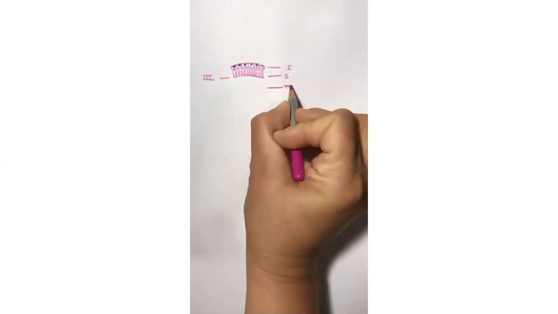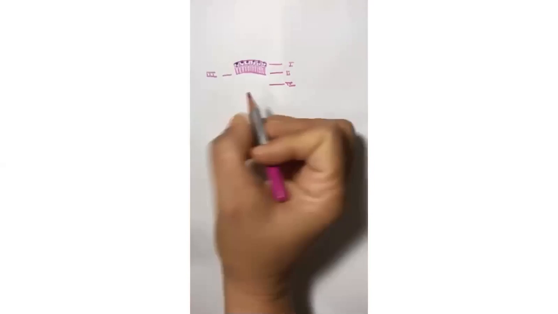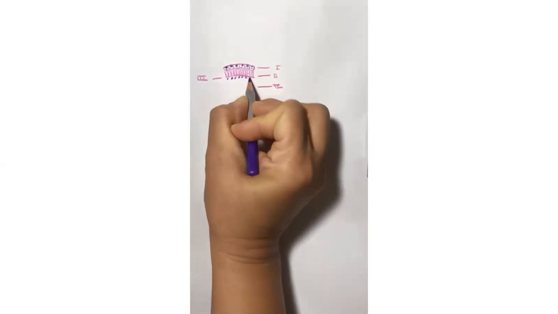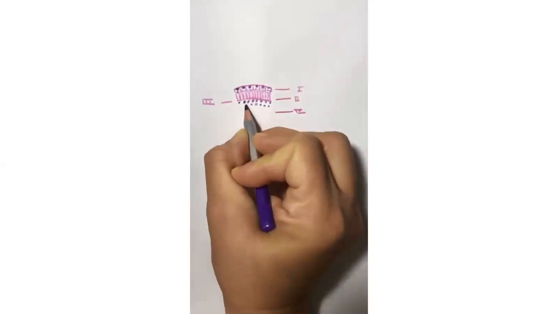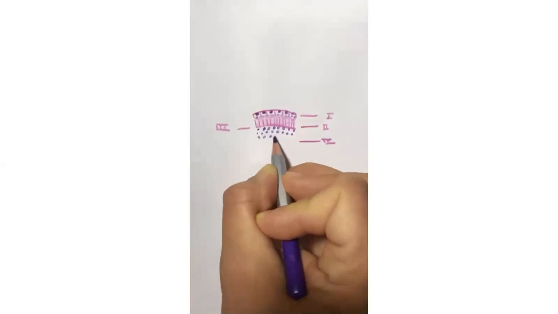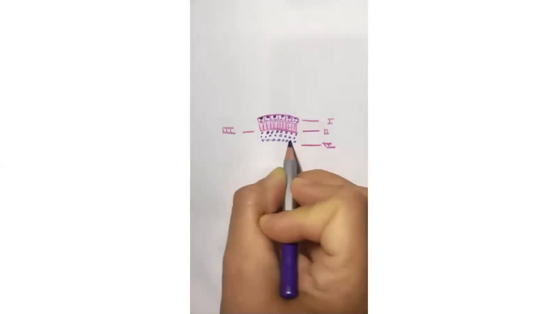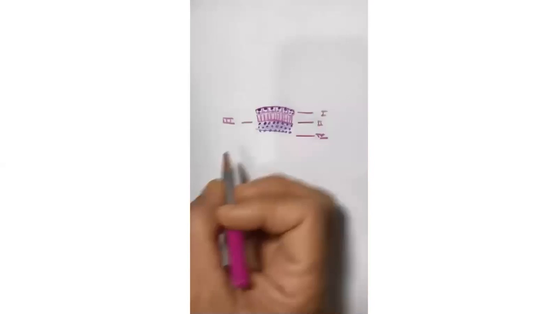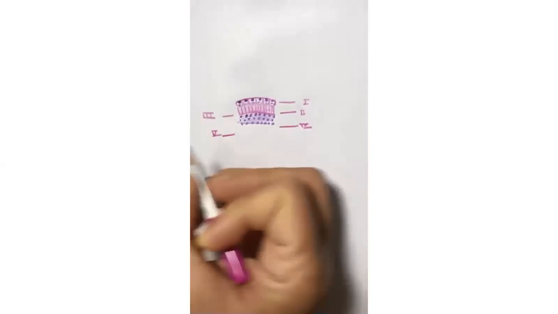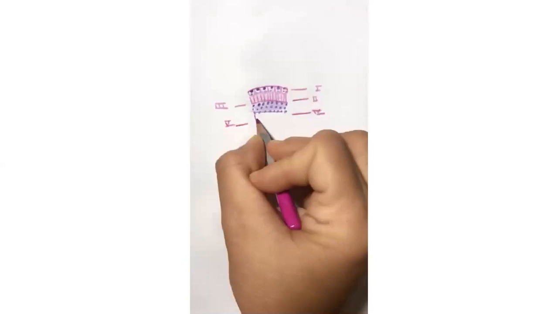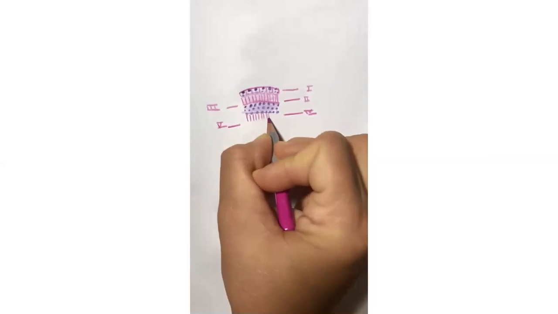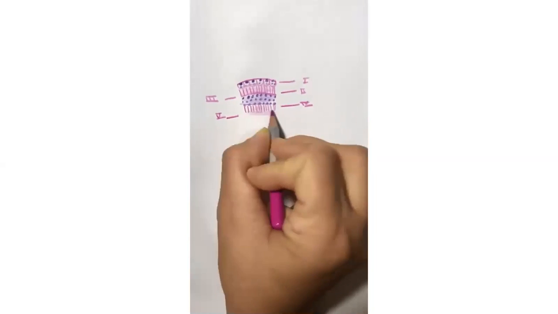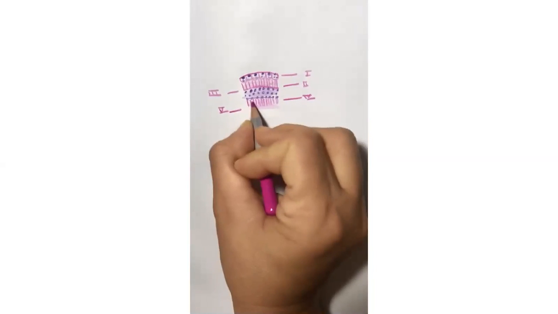Fourth layer is the outer nuclear layer. Outer nuclear layer basically contains the cell bodies of the rods and cones. Fifth layer is the outer plexiform layer.